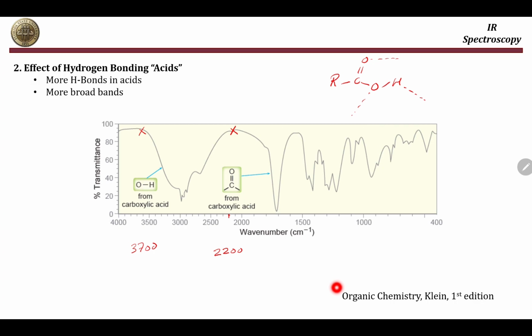There is also another peak which tells us that this is a carboxylic acid, which is the C=O peak, which normally appears at around 1700. So whenever you see those two, this is telling you that the compound being studied is actually a carboxylic acid.